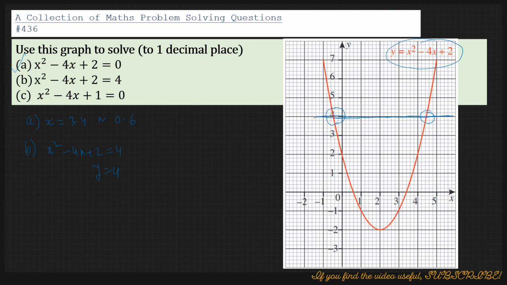So if I were to read from the graph, this would be somewhere like this. So that would be 4.2, that's 4.4, 4.6, so somewhere in between 4.4 and 4.6. So I can say it is 4.5.